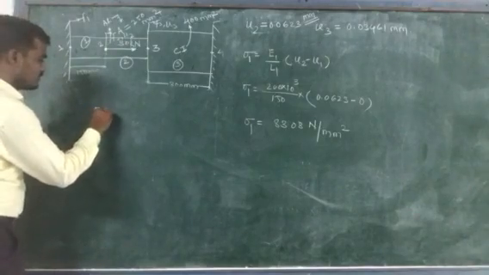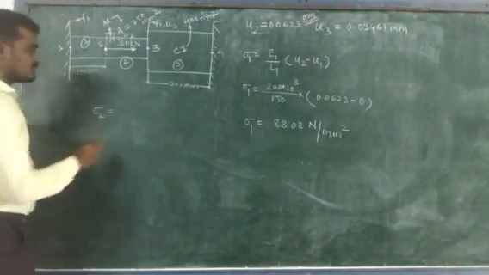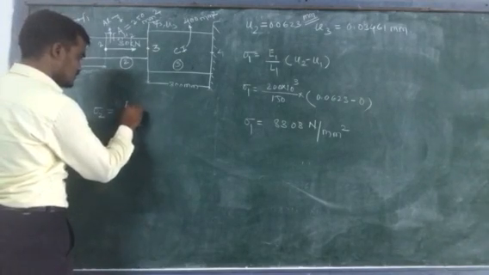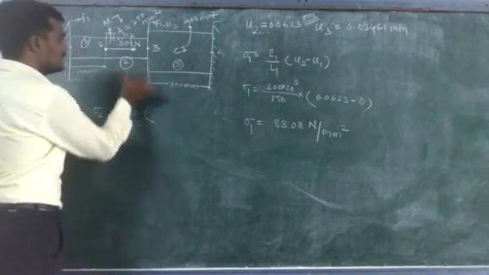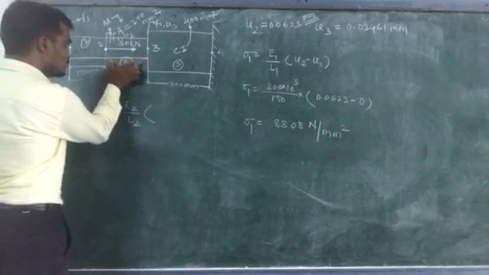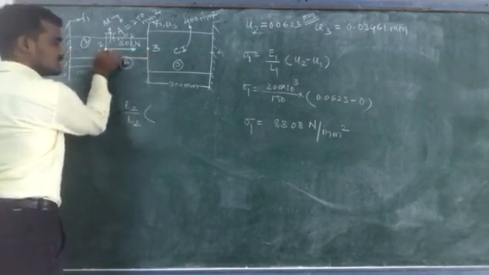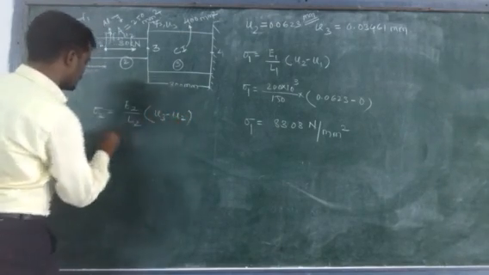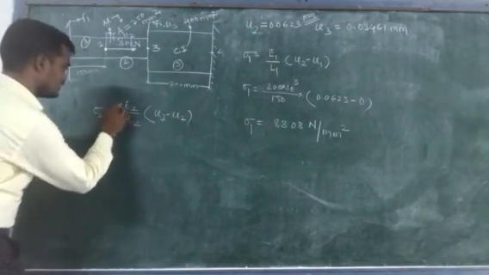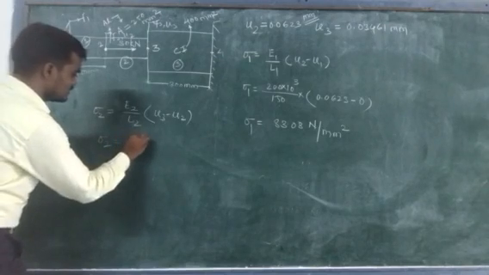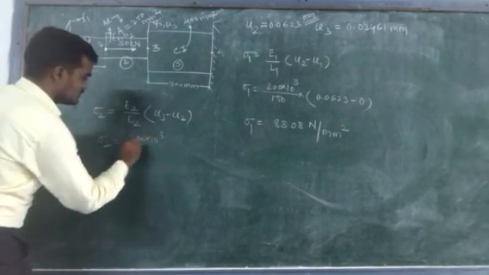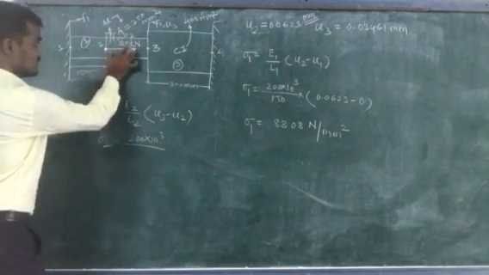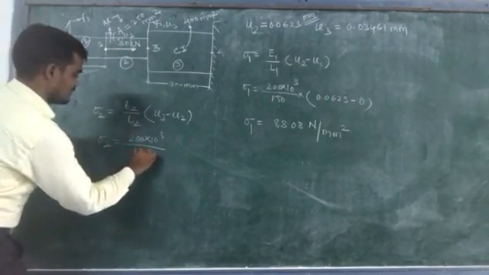Similarly, sigma 2. What will be the formula for sigma 2? This is nothing but E2 by L2 in bracket, the difference between these two displacements, U3 minus U2. So sigma 2 will become E2, which is the same 200 into 10 raised to power 3, divided by L2, which is also the same, 150.